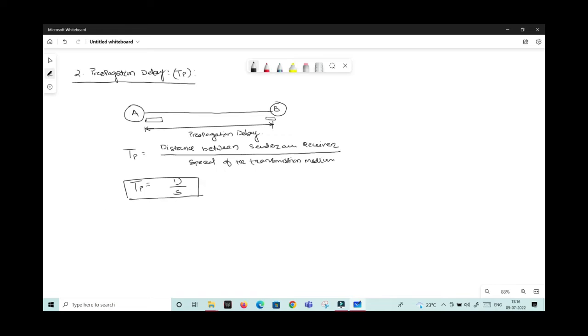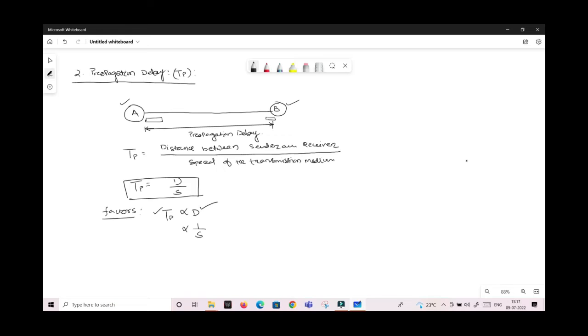So what are the factors affecting the propagation delay? From the formula we can see the propagation delay is directly proportional to distance. So if the distance from sender to receiver is more, then obviously the propagation delay will be more, and it is inversely proportional to the speed of the transmission medium. If the speed of the transmission medium is more, then propagation delay is less. If speed is less, then propagation delay is more. So these are two major factors of the propagation delay.